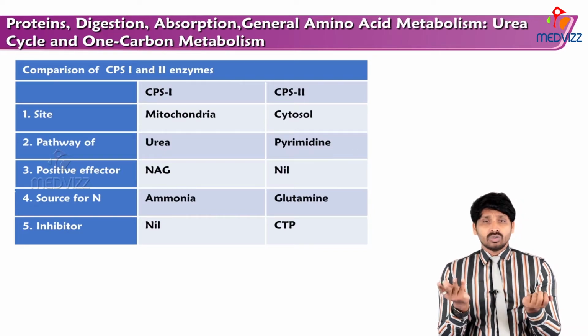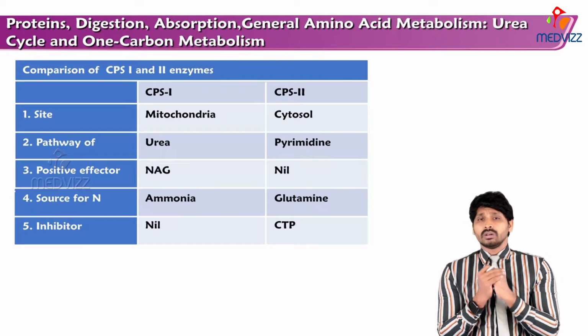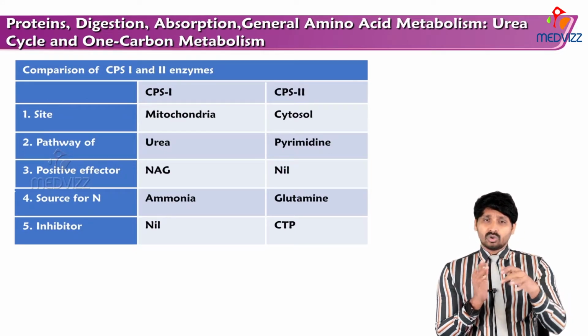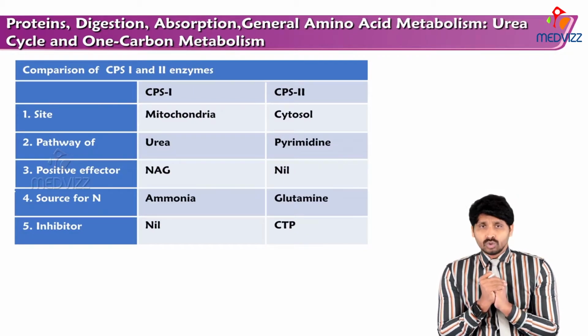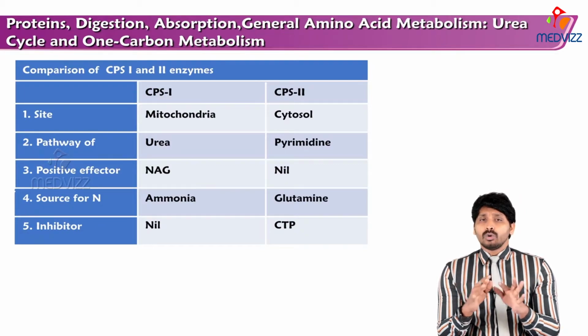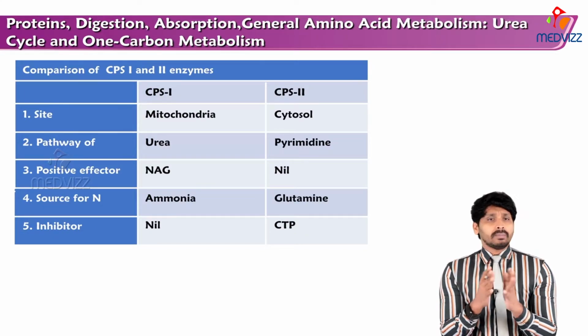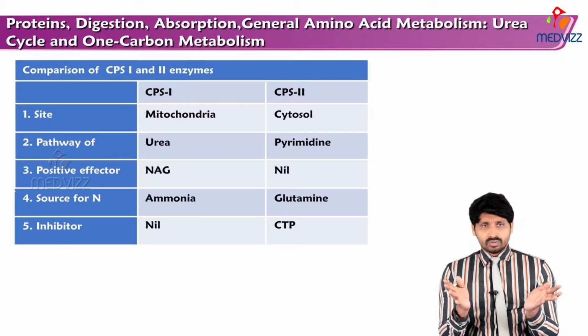And there is no inhibitor for CPS1, but CPS2, because it is involved in pyrimidine synthesis, needs some control. Excess CTP has an inhibitory effect on CPS2, so pyrimidine synthesis is regulated. So both enzymes differ in location, pathway, inhibitor and source of nitrogen.